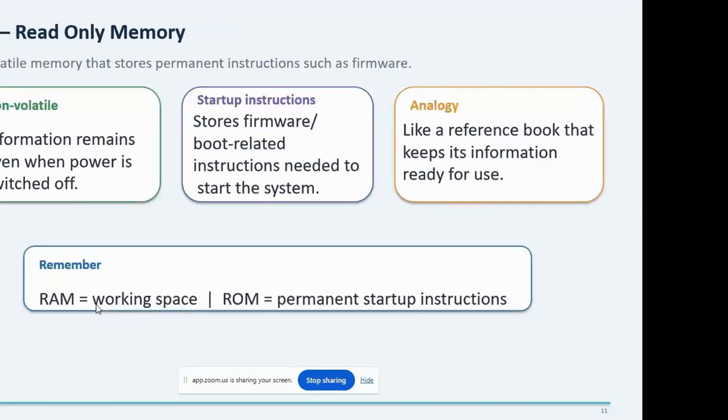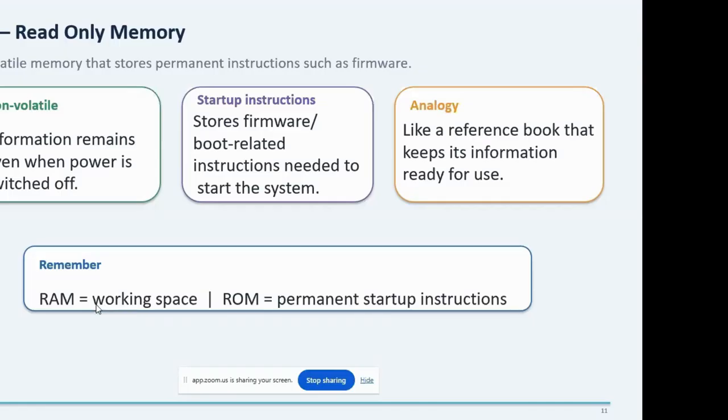Next, ROM, read only memory, as the name specifies. Random, what did I tell? Whatever application you access, immediately it will come to the RAM memory, so you can access the data randomly. The data which you are accessing randomly will come to random access memory. Now what will this read only memory do?